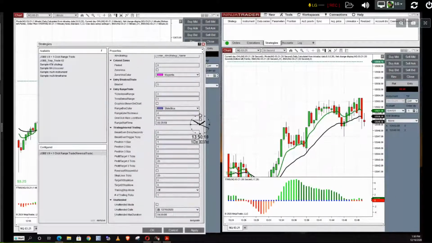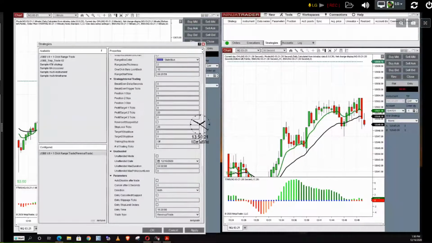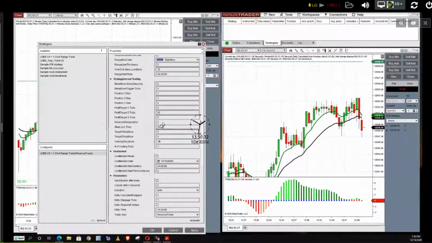So all I have to worry about with a reversal trade is how many positions, my targets, 8 and 20, and my stop loss. Let's go for 40 ticks on our second target.